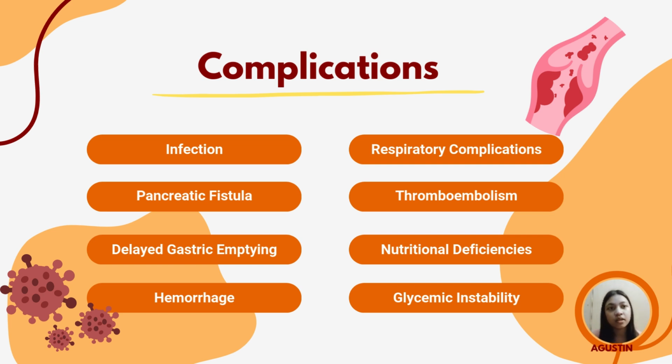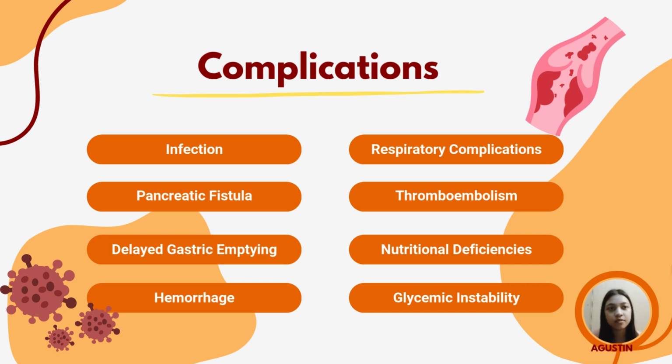Then, respiratory complications, so atelectasis, pneumonia due to pain, limited breathing, and immobility. Then we have thromboembolism, whereas deep vein thrombosis and pulmonary embolism due to prolonged immobility. Then, nutritional deficiencies due to altered digestion and absorption following resection of the digestive organs.